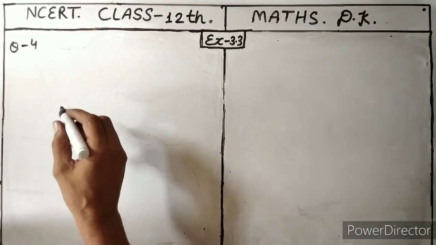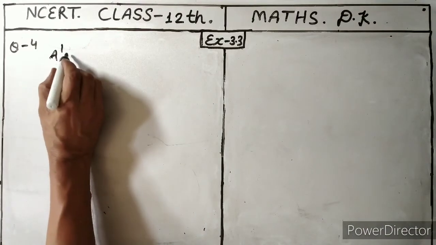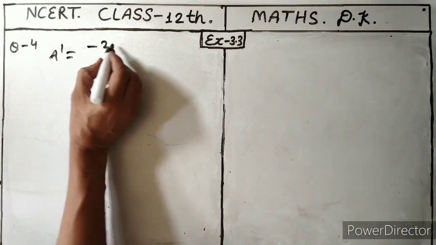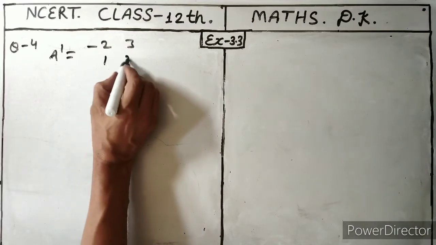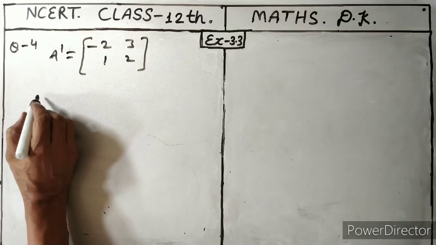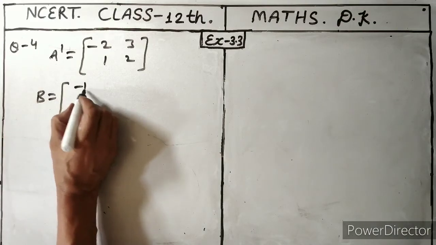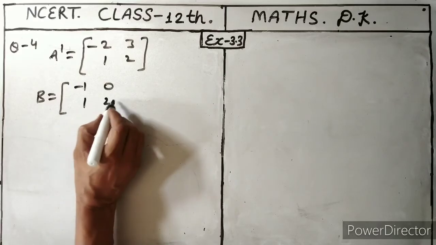In question number 4, A transpose equals [-2 3; 1 2]. This is A transpose and the B matrix. Here the B matrix is [-1 0; 1 2].